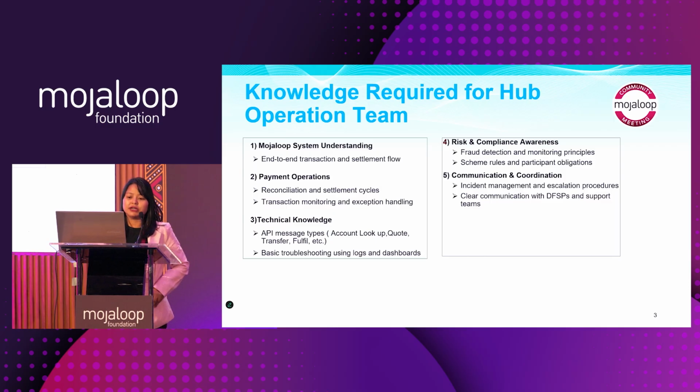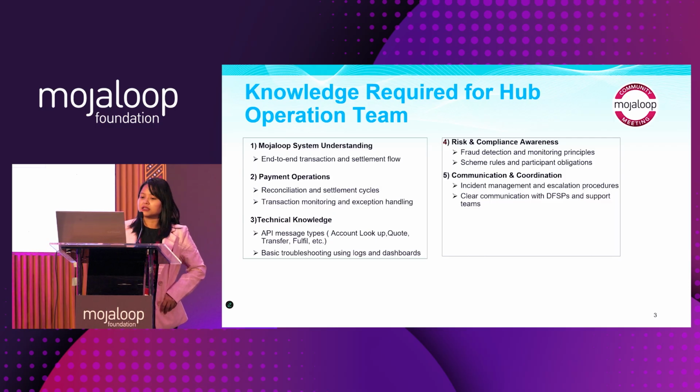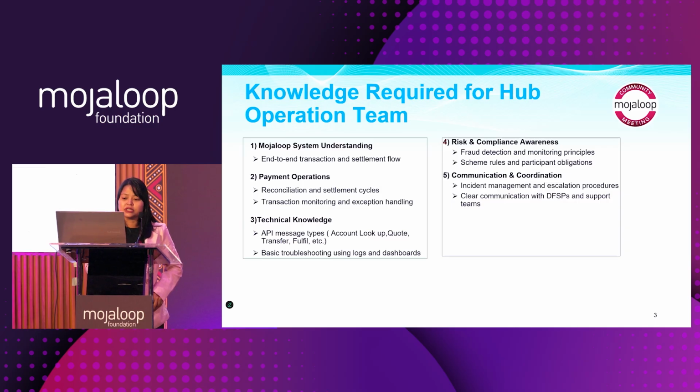Okay, here is the information that the designated hub operation team should study and prepare for the kinds of processes and operations. Firstly, the designated team members should try to understand the end-to-end transaction flow in the Mojaloop payment scheme.